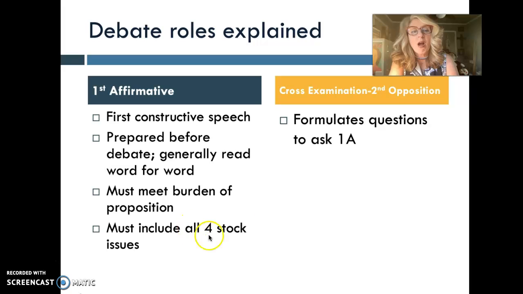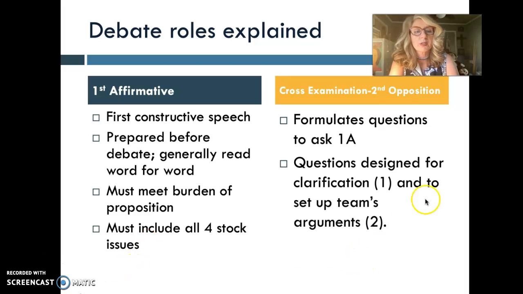Now, the person who's doing the cross, as they're listening to the first affirmative, in this case the second opposition, the last person that's going to give their speech in the debate, gets to start formulating those questions. Those questions are designed for clarification, which means to understand better what it is, and also to set up their own team's arguments. You can ask questions in a way that shows the flaws or what's missing.